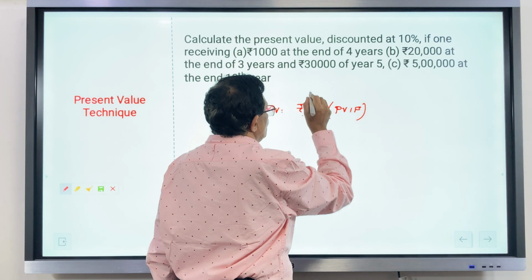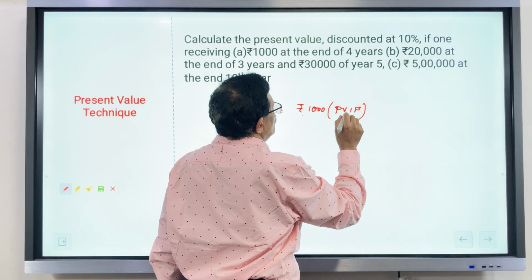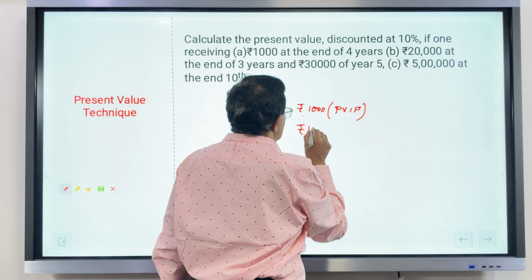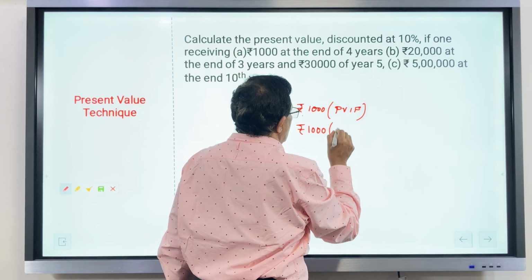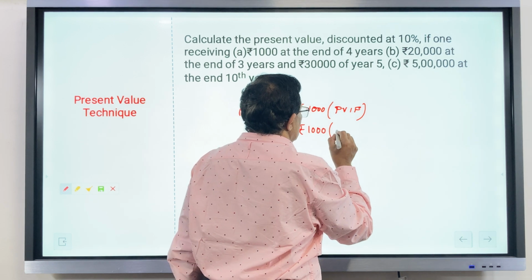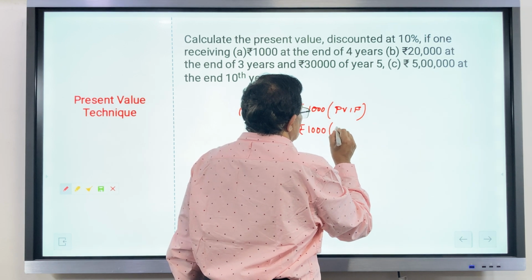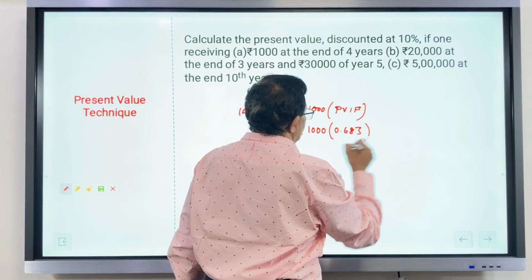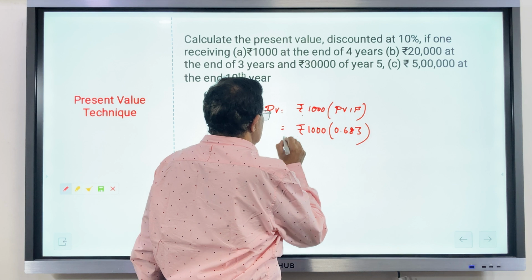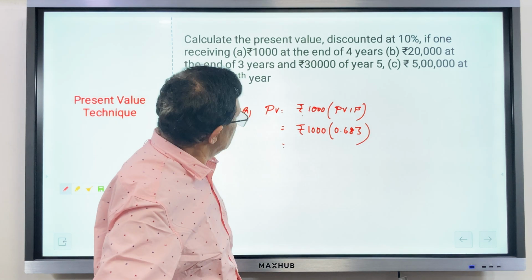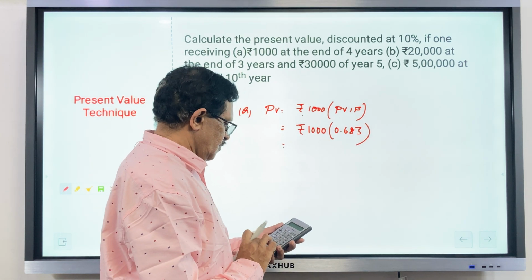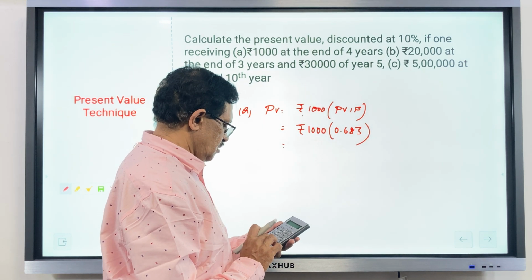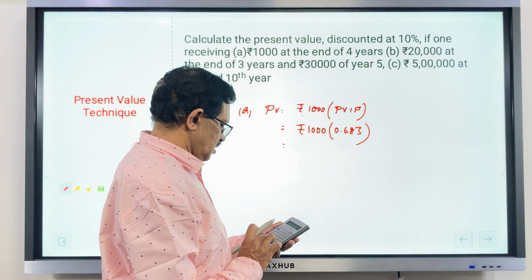So the future value into present value interest factor, and 1000 into present value interest factor as per the table, which is 0.683, which we have seen from the table. So that will be equivalent to 1000 into 0.683.